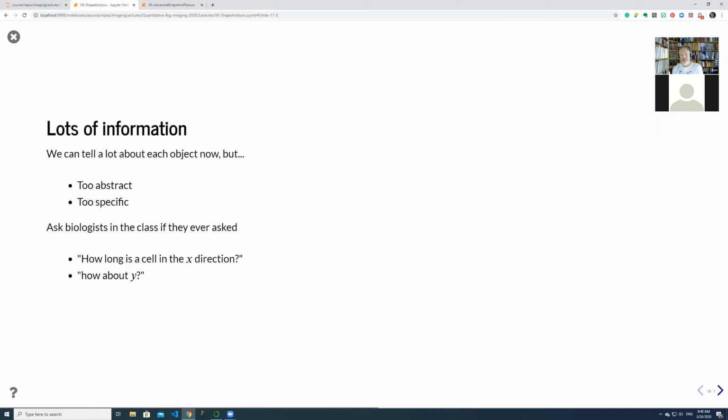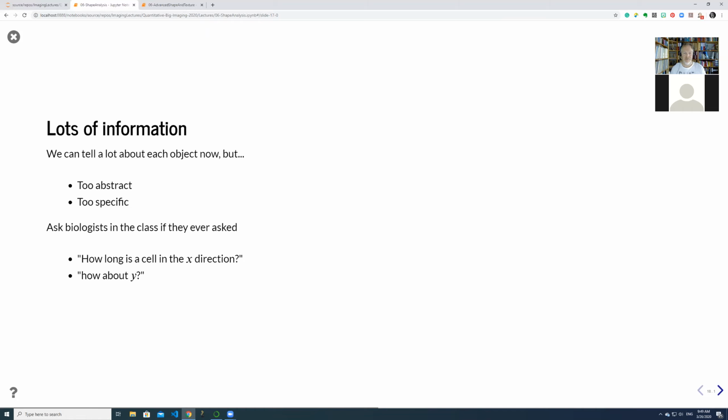And in some way it's too abstract and also too specific. So if you have a banana and you put it in one direction, it doesn't really tell the length of the banana. To do that, you need a different way of measuring it, but it can give you an idea about the extents. Also look at this case of a cell.